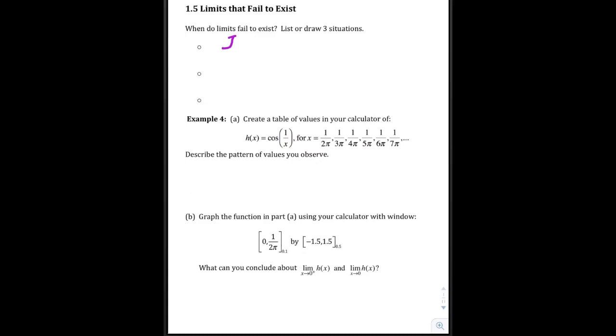Okay, hopefully you thought about jumps in that time. If we just draw a graph here, we can figure out a situation. I'm just going to make up some numbers. Let's call this function f of x, and suppose we have something that looks like this, at 3 and then at a height of 2.